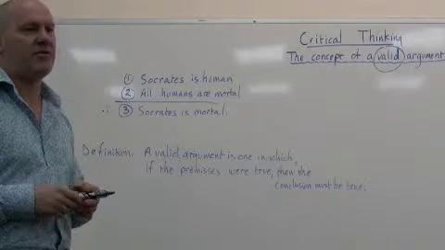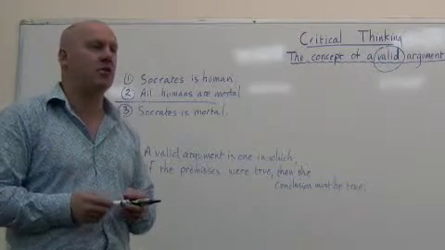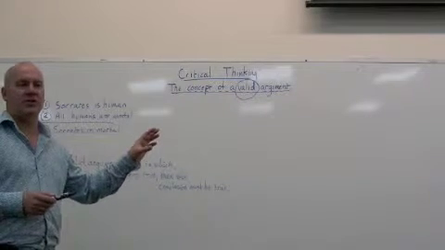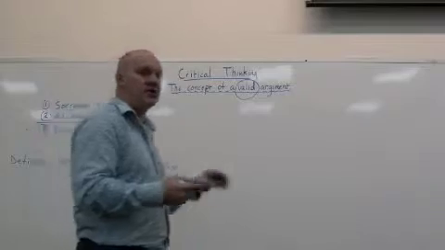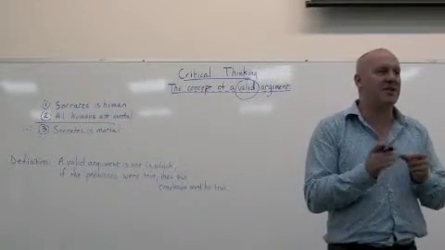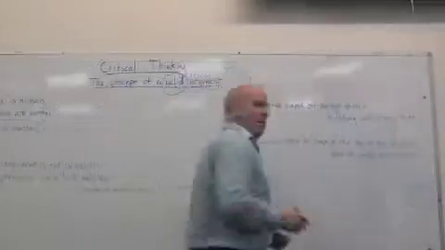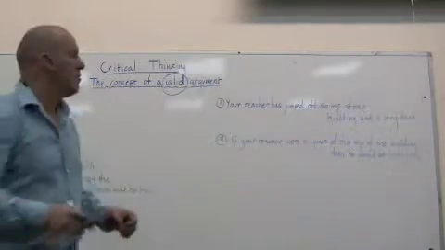It's a special kind of definition because it relies on what's known as a hypothetical statement. I will put two sentences on the board and let's see what the difference is between them. And then you'll understand what I mean by saying that it's a little special, a little tricky sometimes, this definition of a valid argument. Okay, two sentences that look similar, but let's have a look at them.